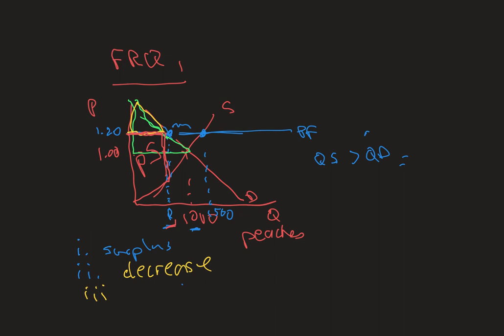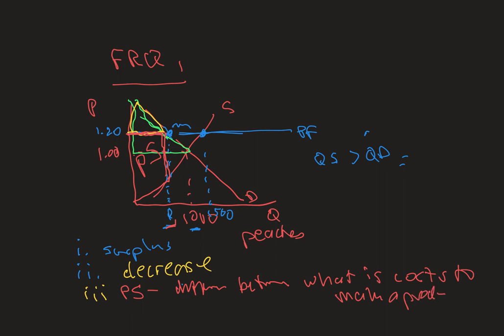It's not allocatively efficient. If we were trying to define producer surplus, this is basically going to be the difference between what it costs to make a product, or what producers are willing to sell the product for, and what they actually get for the product, what the actual price is.